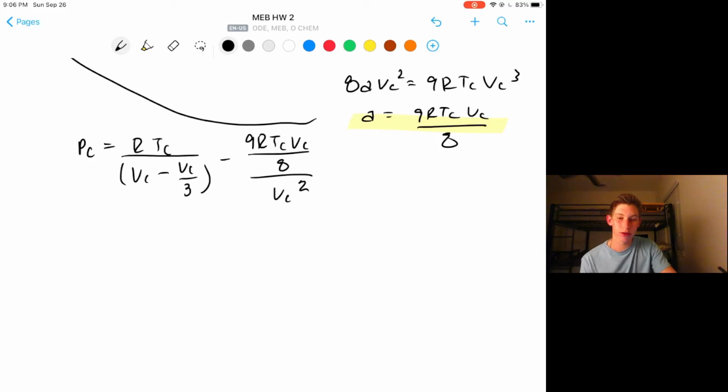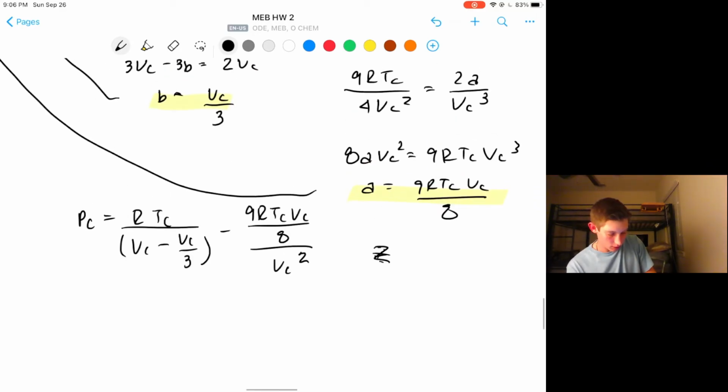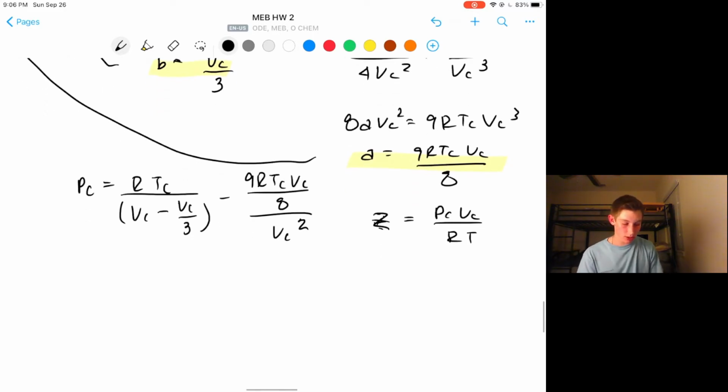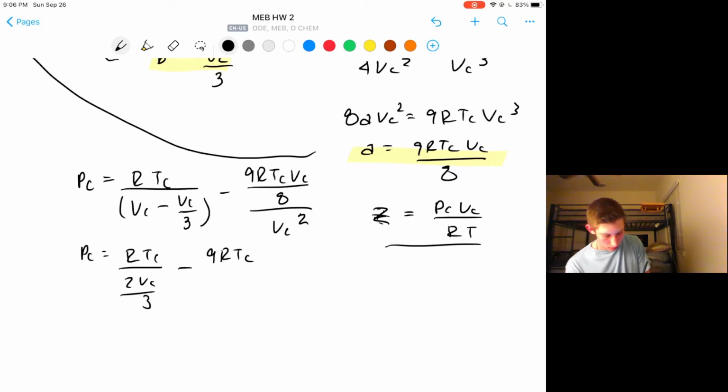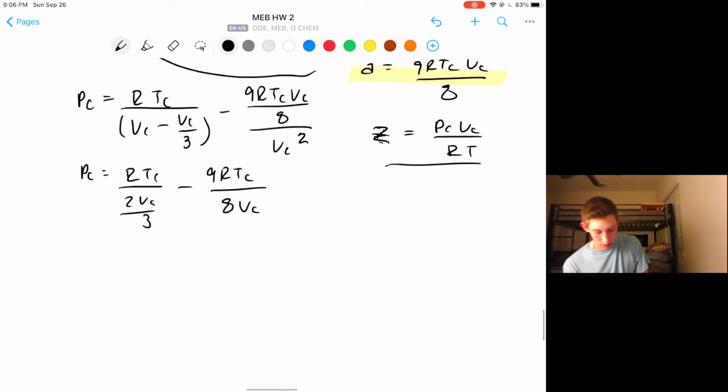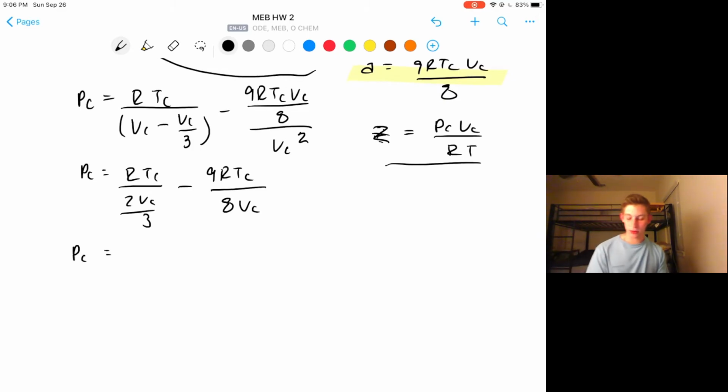Now we're going to try to find the compressibility factor, Z, and that equals PC VC over RT. So let's try to get it into this form here. We can move the fraction in the denominator so that we don't have that.